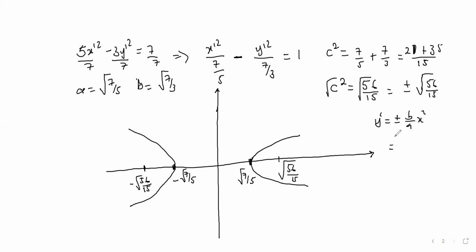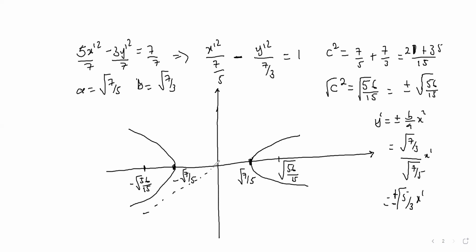So our b is the root of 7 over 3 over the root of 7 over 5 x prime, which we can simplify. It will be root 5 over 3 x prime plus or minus when you simplify.